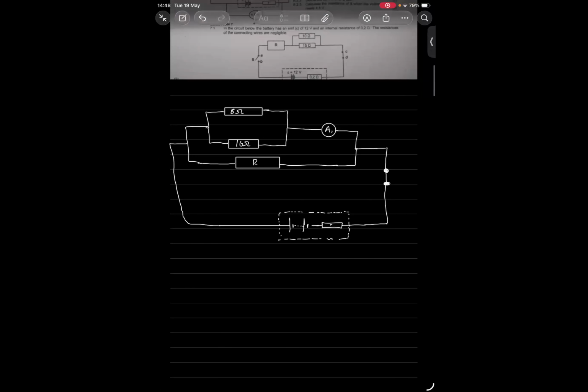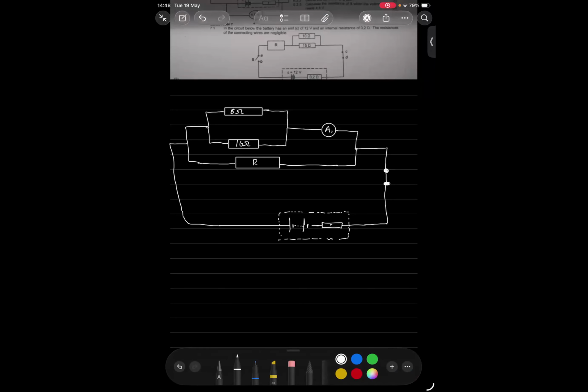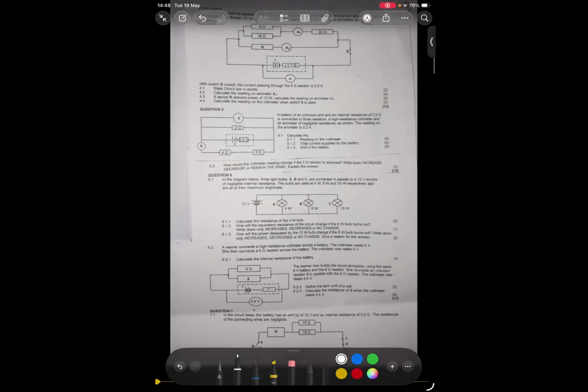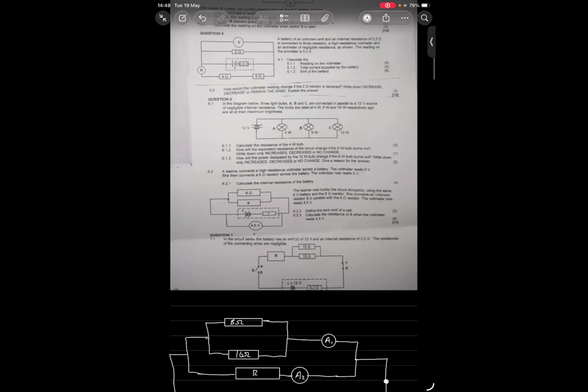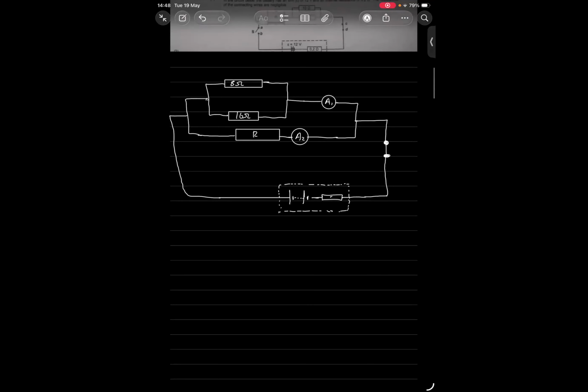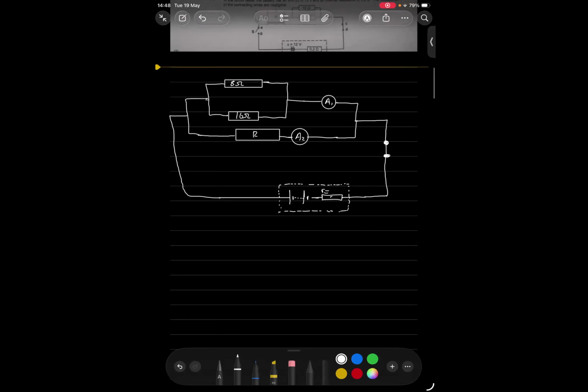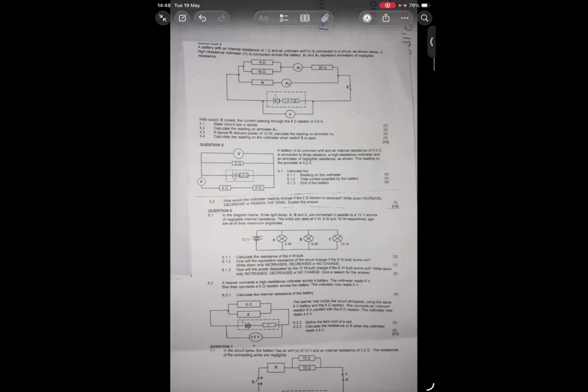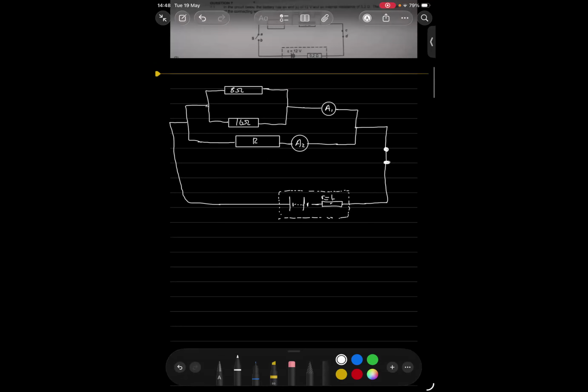We have R1 and R2. A1 and A2. And internal resistance is 1 ohm.